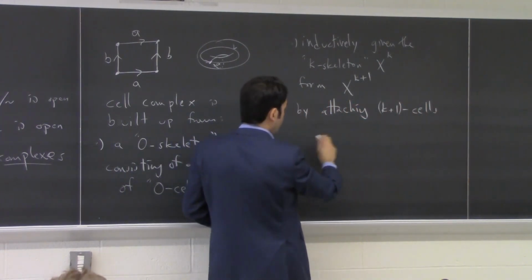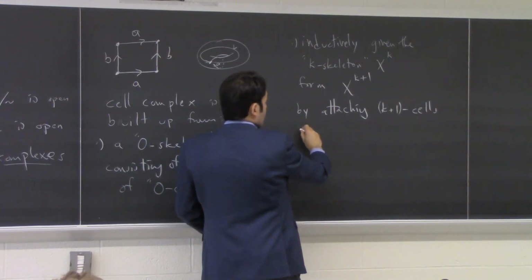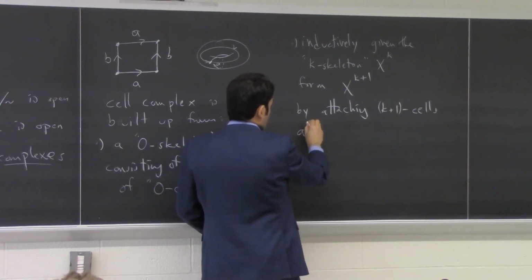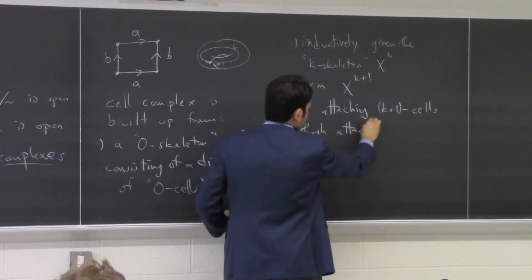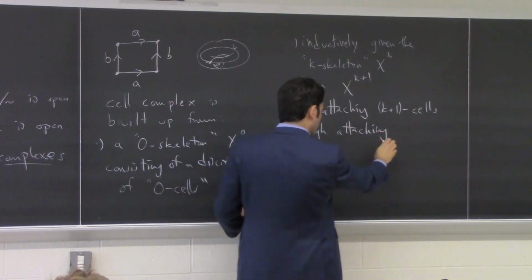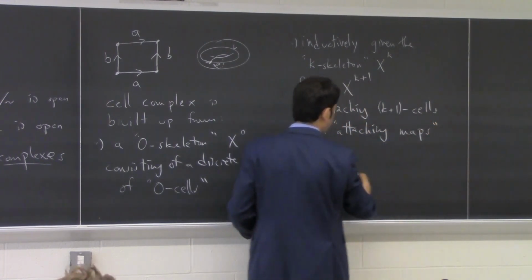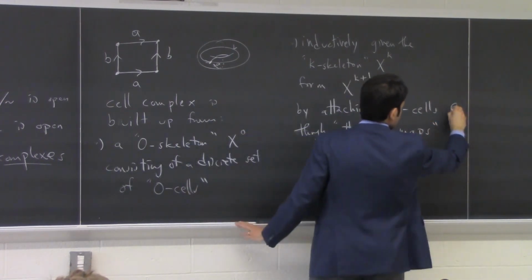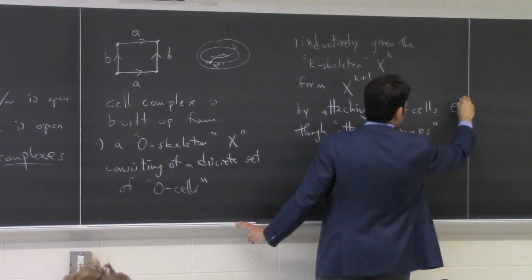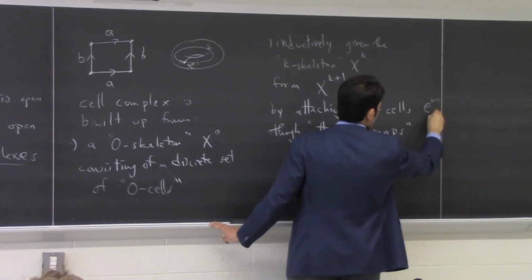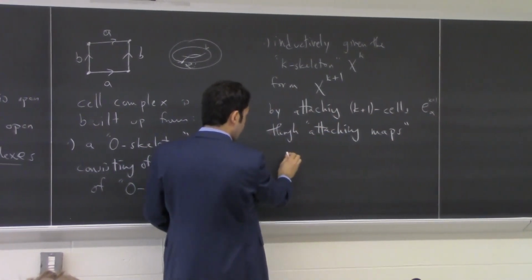So these are disks through cleverly named attaching maps. So let's say you call these A upper K+1, lower alpha, where alpha is some indexing set.